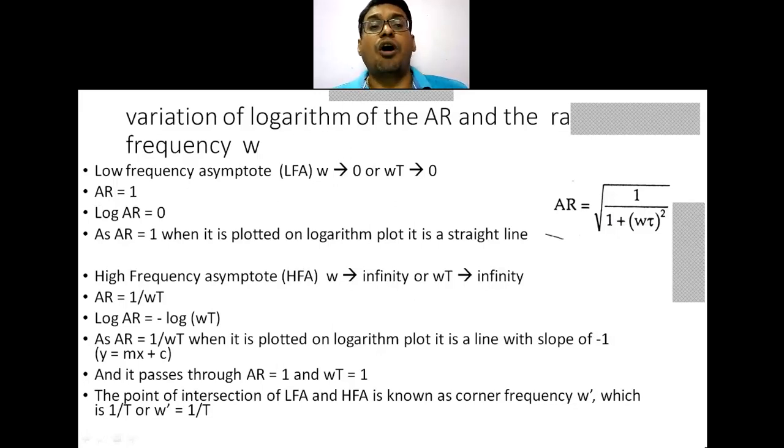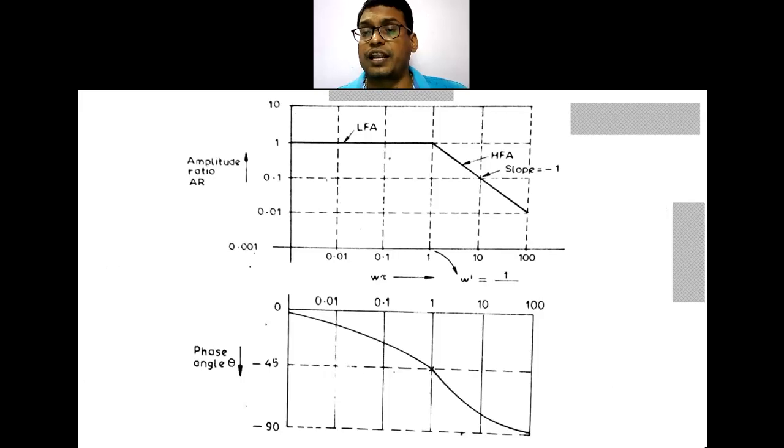Then the log of the amplitude ratio, the log of 1, comes as 0. So as the amplitude ratio is 1, when it is plotted on the logarithmic plot, it becomes a straight line passing through an amplitude ratio of 1. It becomes your low frequency asymptote.